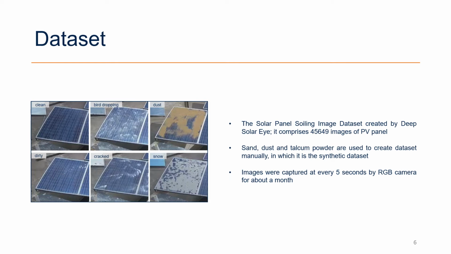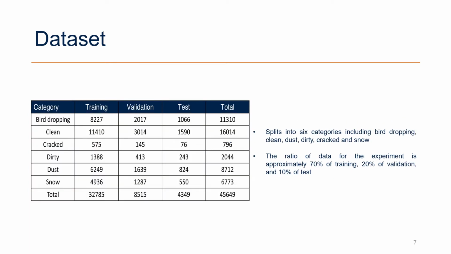An additional dataset is created manually, which is the synthetic dataset. Images of the dataset were captured every 5 seconds with an RGB camera for about a month. Based on the natural conditions, we split into 6 categories, including clean, cracked, bird dropping, dirt, dust, snow, and so on.